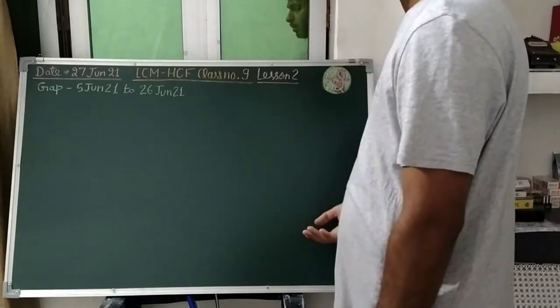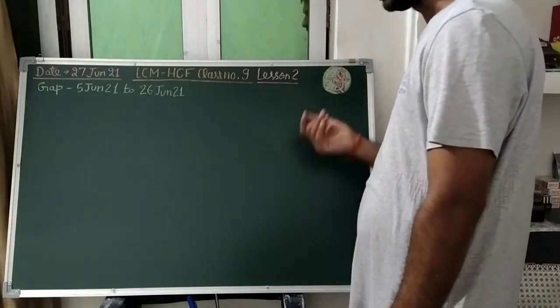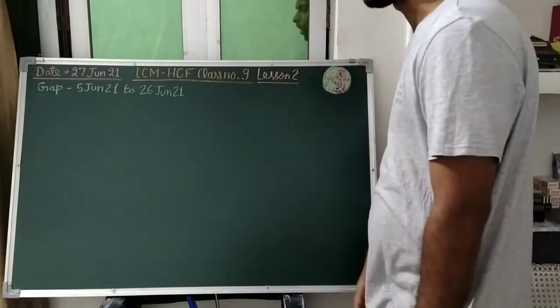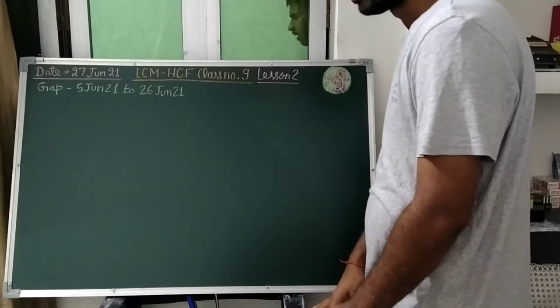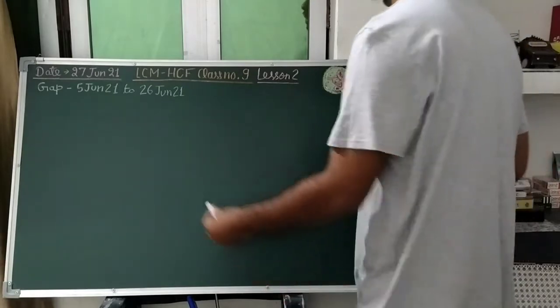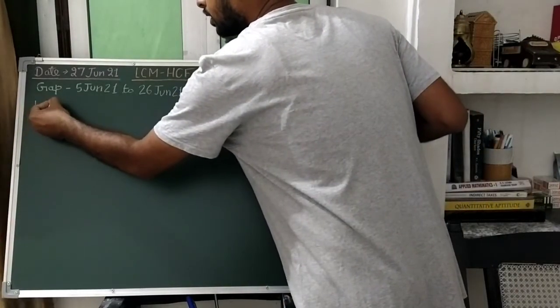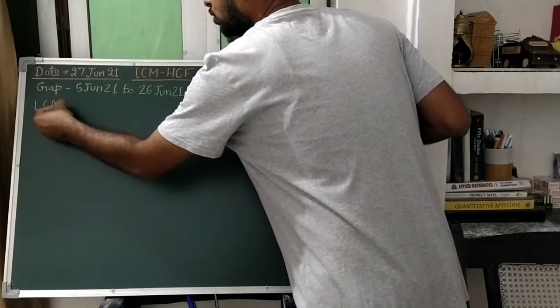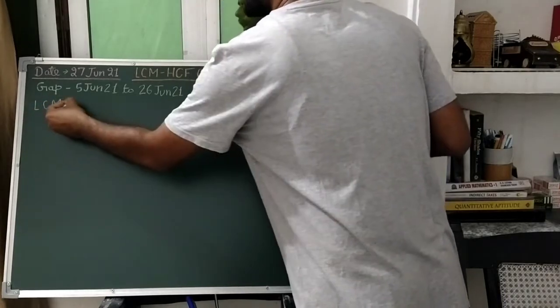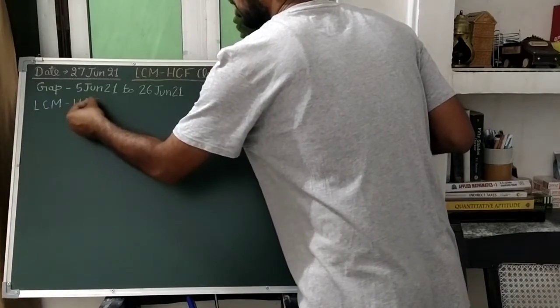In the previous class, we were selecting a problem and finding the LCM and HCF of that problem by the prime factorization method. LCM is the least common multiple and HCF is the highest common factor.